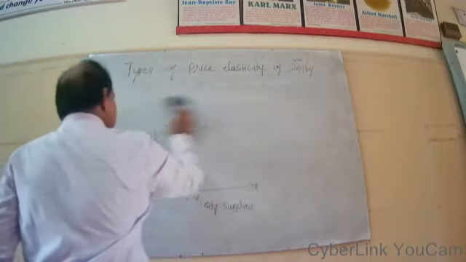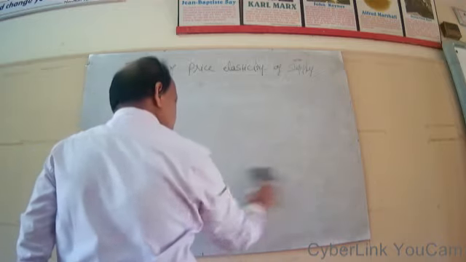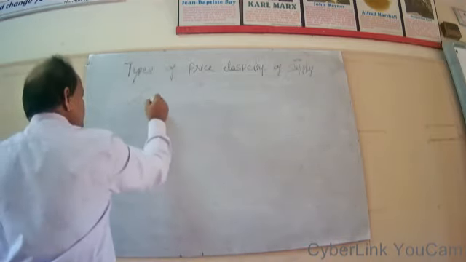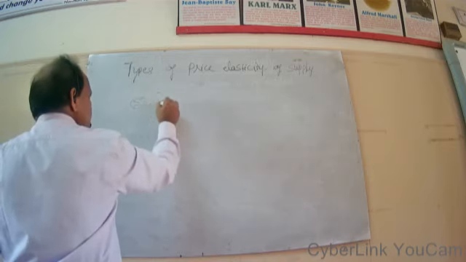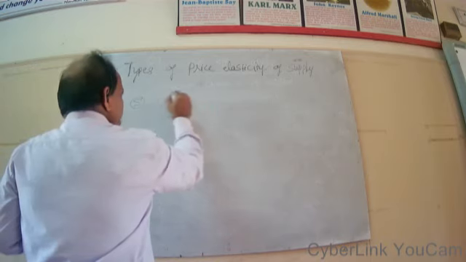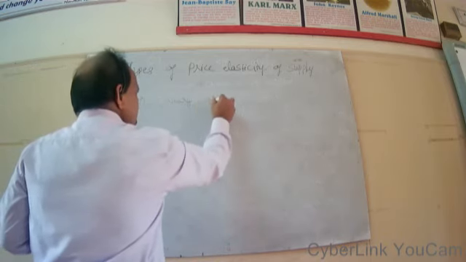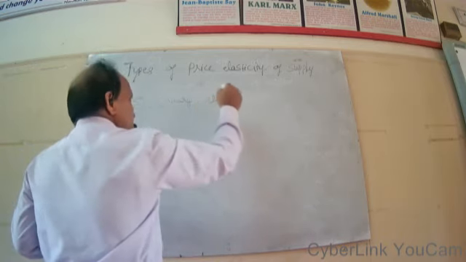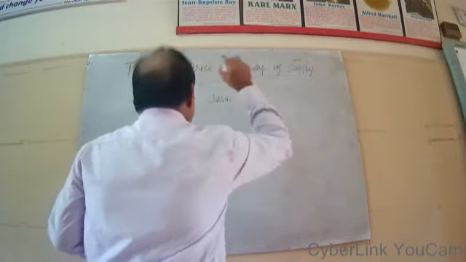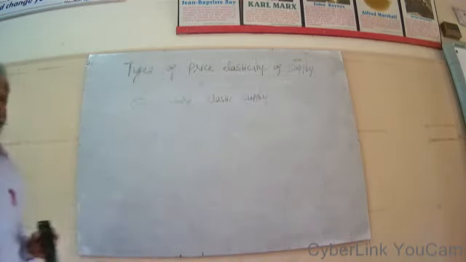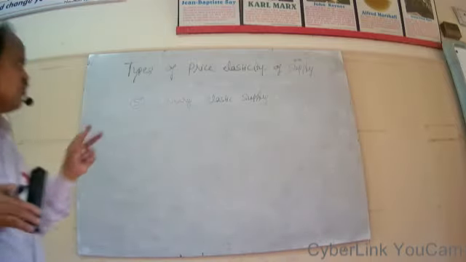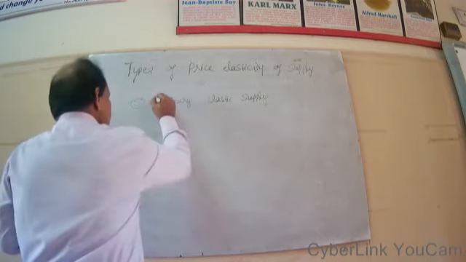Then the last type, number 5, is unitary elastic supply. In this case, the proportionate change in quantity supplied will be equal to the proportionate change in price.